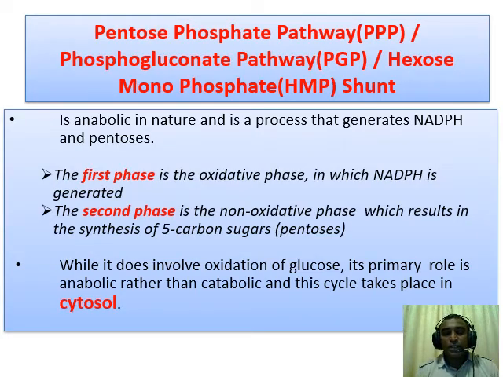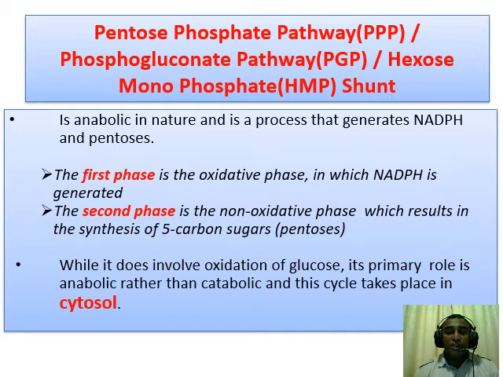So here you can see all three names given for this pentose phosphate pathway, also known as the phosphogluconate pathway, also known as the hexose monophosphate pathway. It refers to either the ribose sugar or the 6-carbon sugars present in the pathway. This pathway can be separated into two, that is either the first phase, which is the oxidative phase, or the second phase, being the non-oxidative phase.